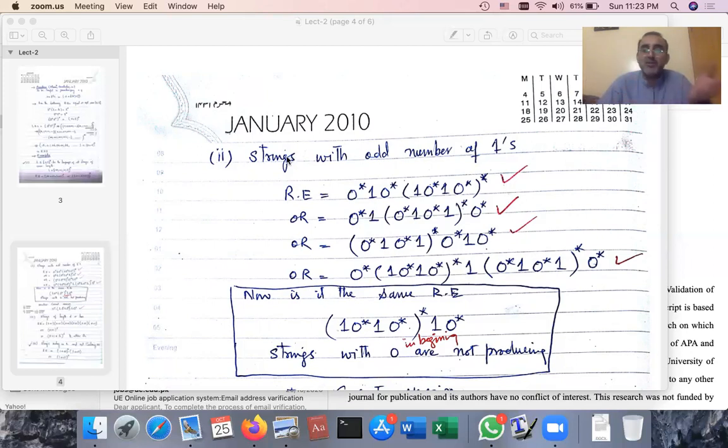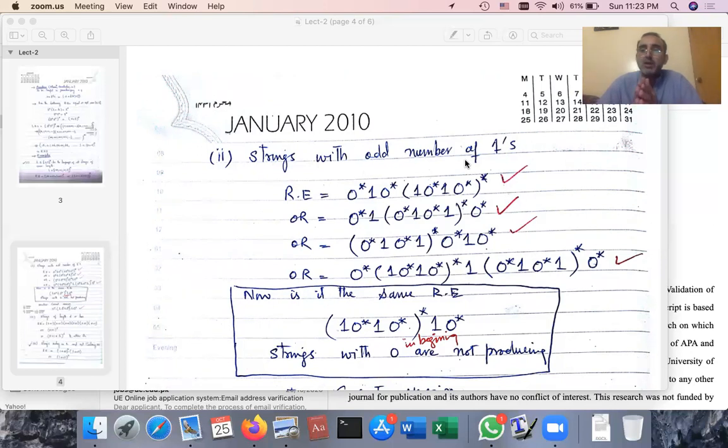For example, if I give you this assignment, that you have to produce a regular expression for the language that can produce strings with an odd number of ones, the students can come up with different regular expressions.